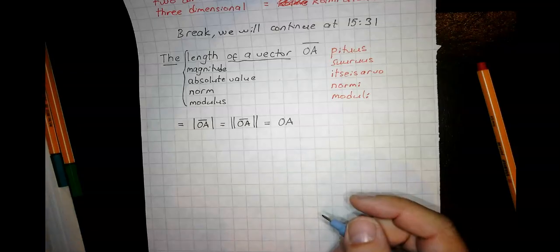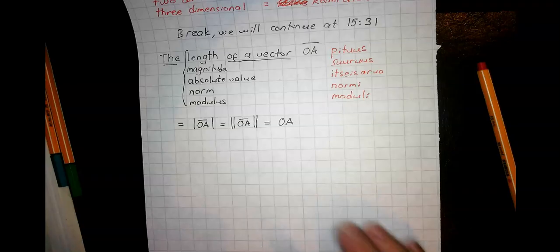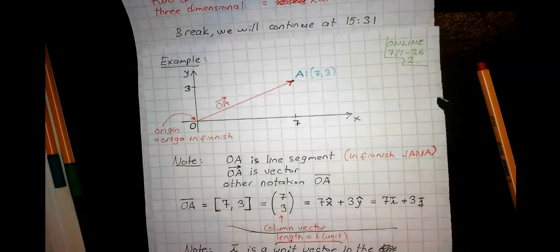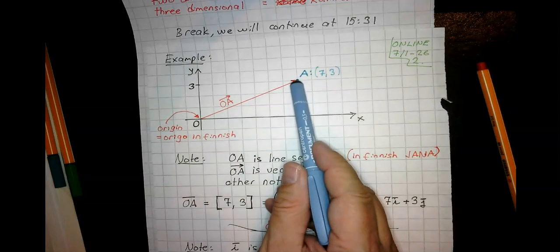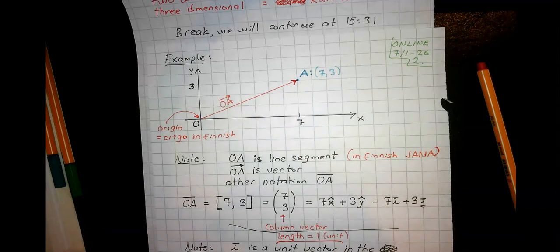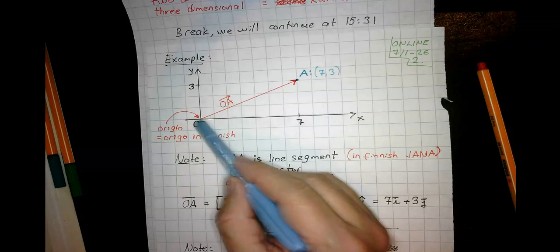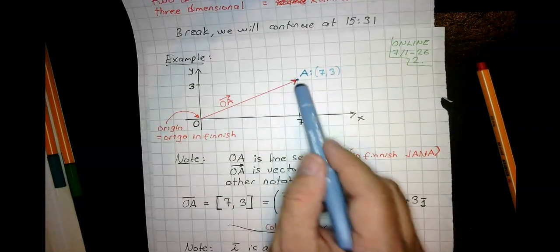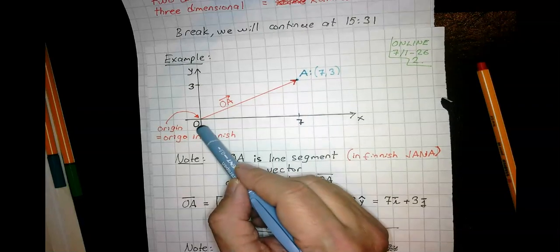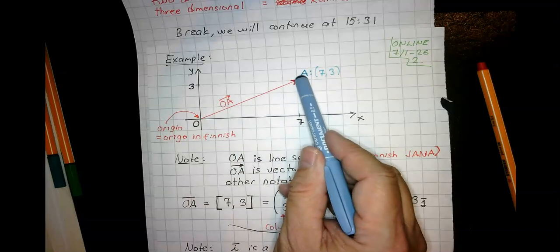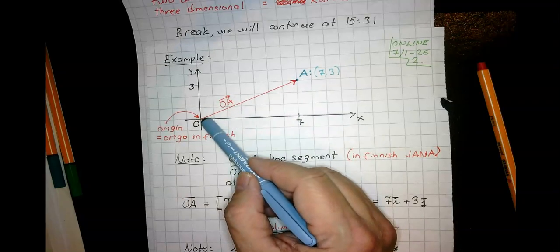And the length of the vector is very easy. Actually, we are using Pythagorean theorem. So for example, in this case, it is very easy to understand that if we draw a triangle there, it will be a right angle triangle, and with the help of Pythagorean theorem, we can calculate the length of this hypotenuse there.